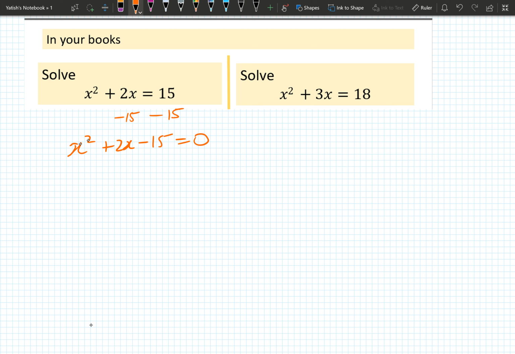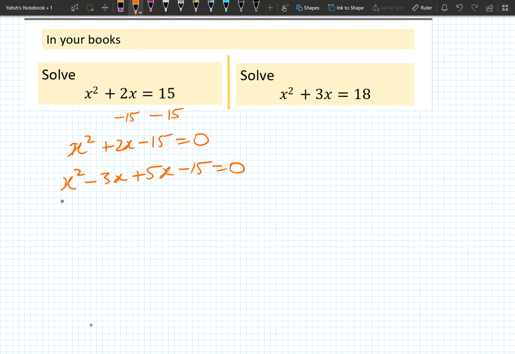And then I'm going to do the rest of the working out here so you can watch as I do that. So it's going to be x squared. I want two numbers that multiply to negative 15 and add to positive 2. So it's going to be positive 5 and negative 3. So x squared negative 3x plus 5x minus 15 equals 0.